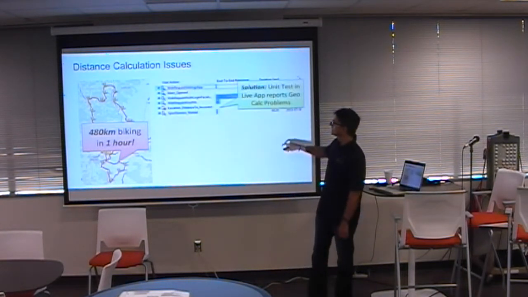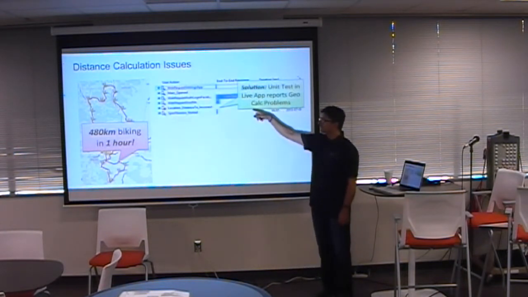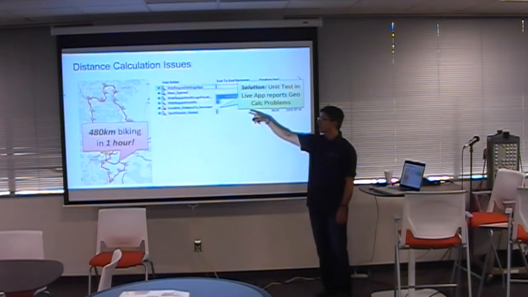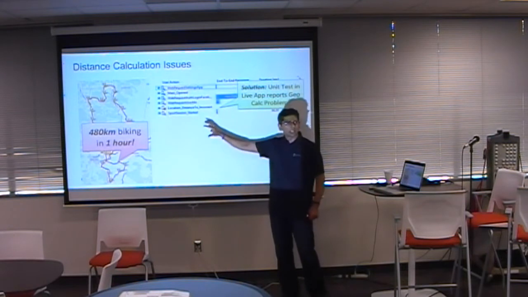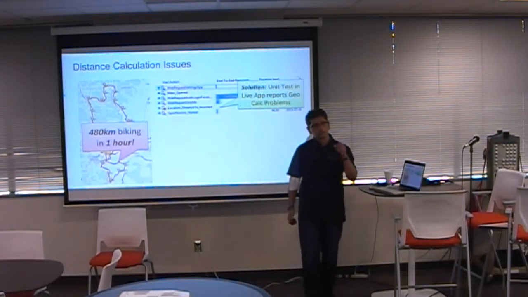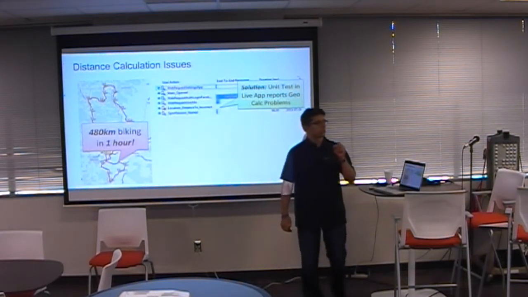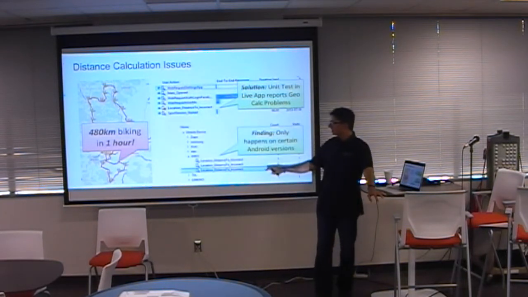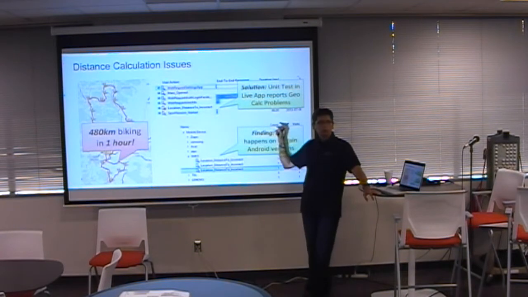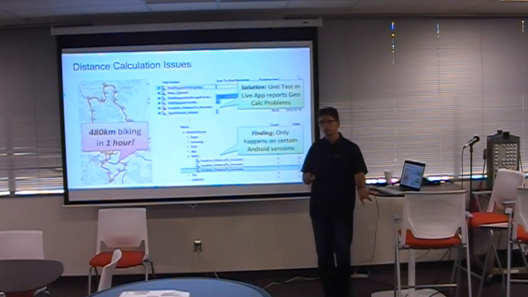So what they did is they ran the same app. They found out that the location for the sensors or the operating system, the Android operating system, they first found out that the problem was happening only in Android devices. It was happening only in one version of the Android operating system.